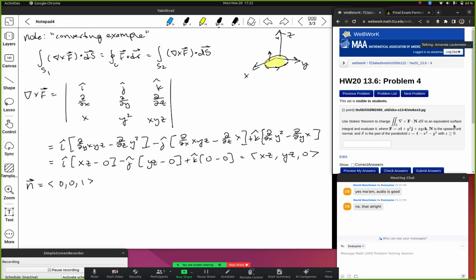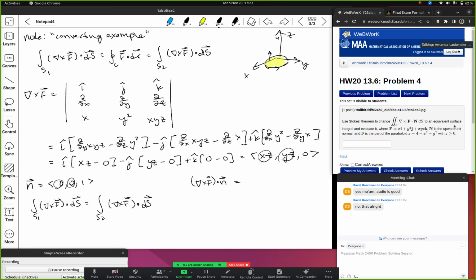And then at this point, you would go ahead and start to set up your double integral for the second surface. But I want you to note that del cross F dot n is going to give us 0. We've got xz times 0 plus yz times 0.